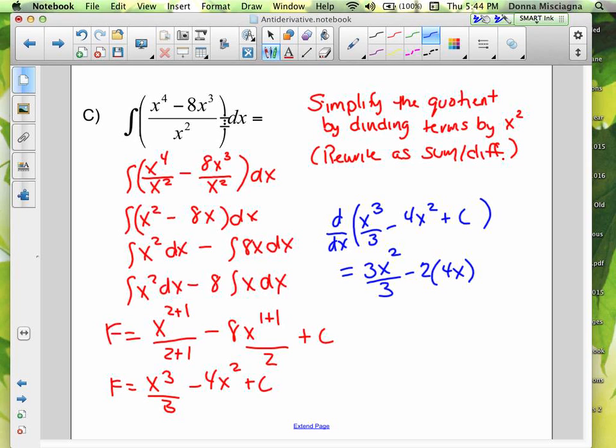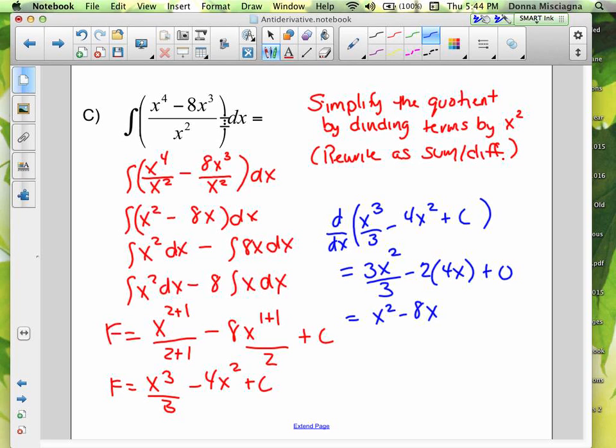And then the derivative of the constant would just be 0. So we would have x squared minus 8x as our function there.